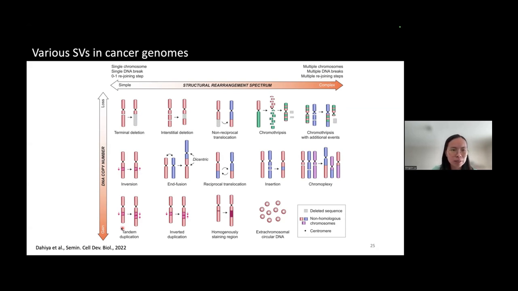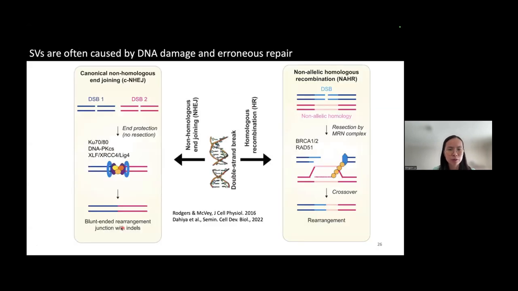Although there are so many different types of SVs, they are often caused by a few mechanisms, which is often DNA damage and erroneous repair. There are two major mechanisms. One is non-homologous end joining.